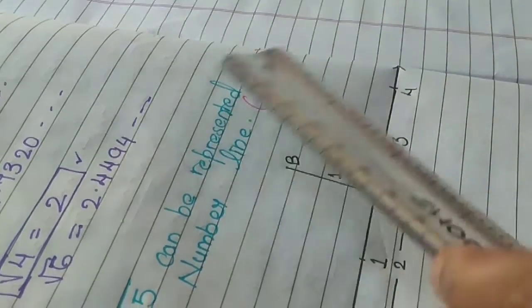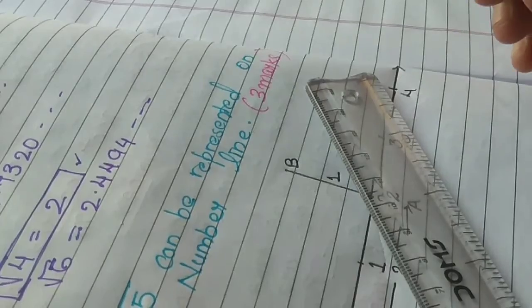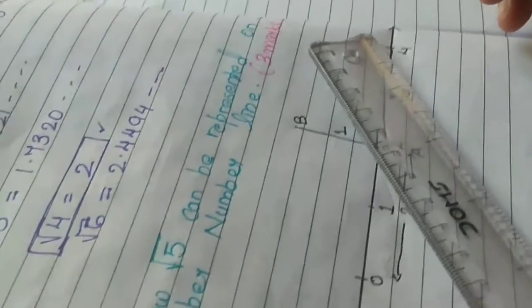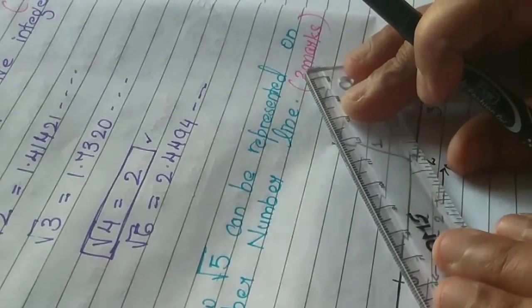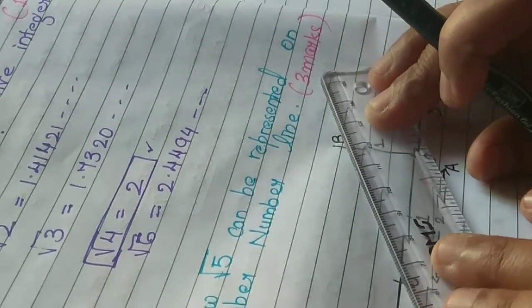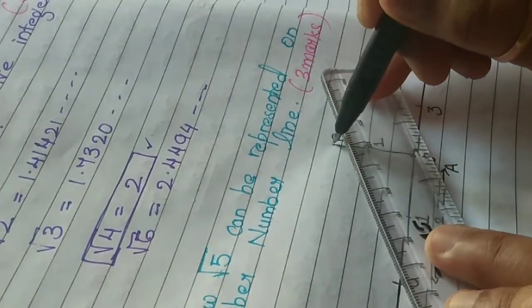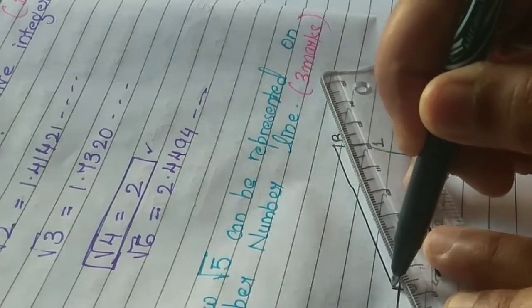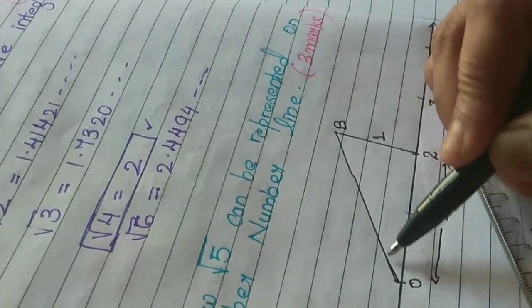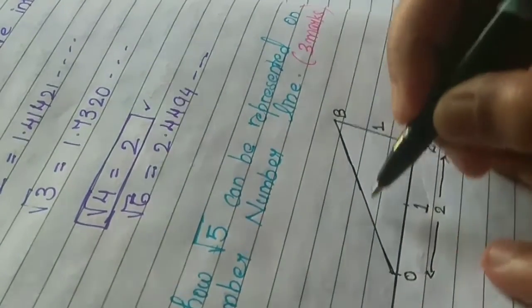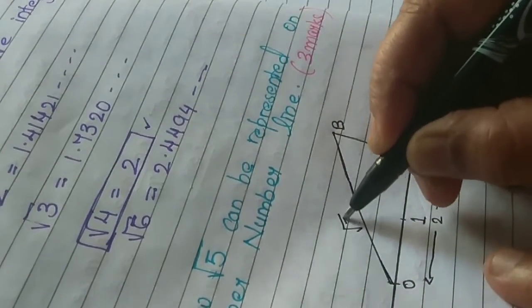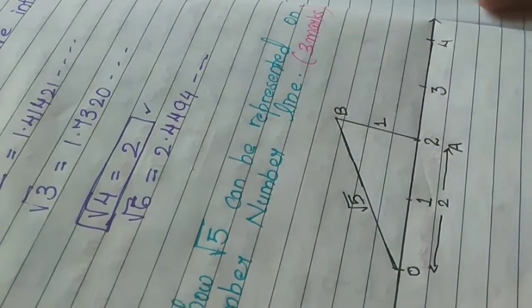Now same, join that from the origin. So 0 and B, we will join 0 and B. So it will be root 5, that I have shown you by using the Pythagoras theorem.